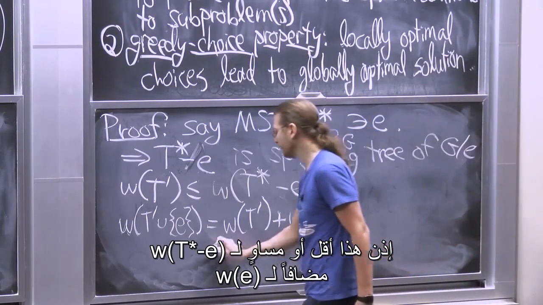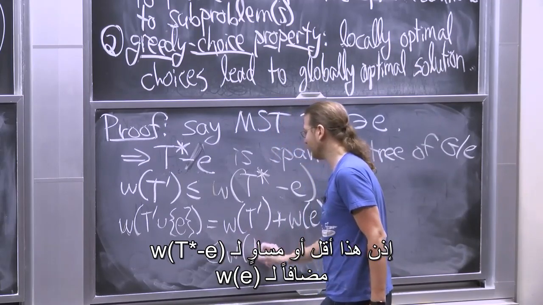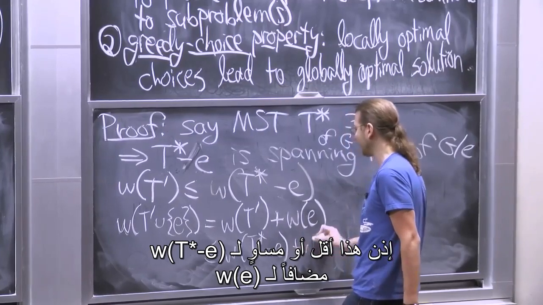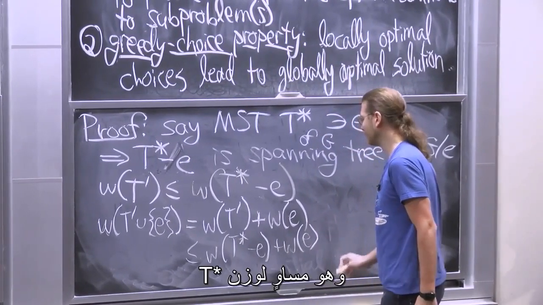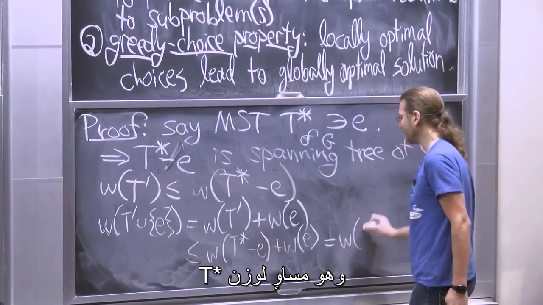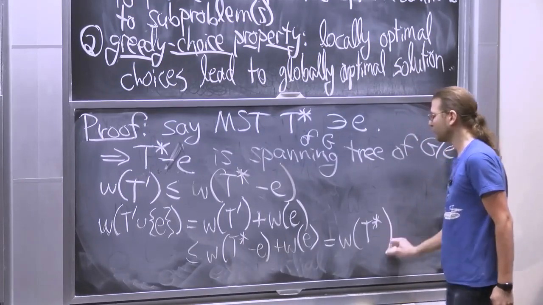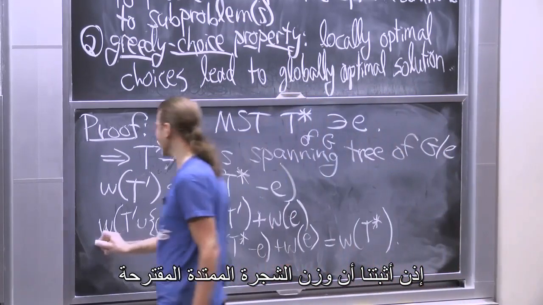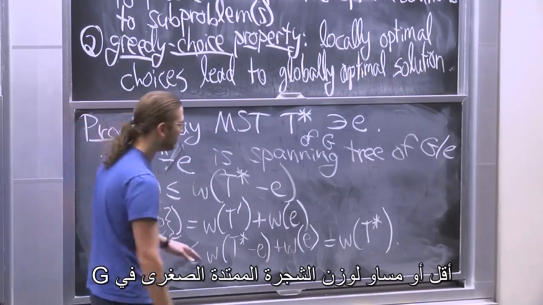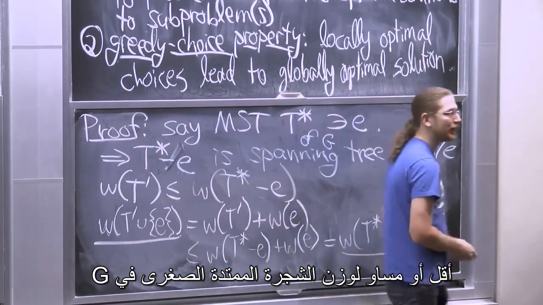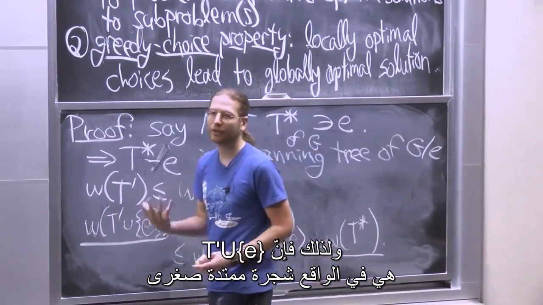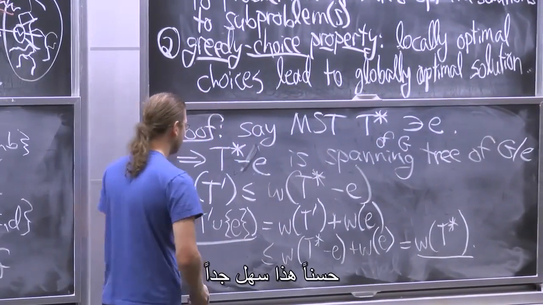So this is less than or equal to W of T star minus E plus E, which is just the weight of T star. All right, so we proved that the weight of our proposed spanning tree is less than or equal to the weight of the minimum spanning tree in G, and therefore T prime union E actually is a minimum spanning tree. Okay, this is really easy.